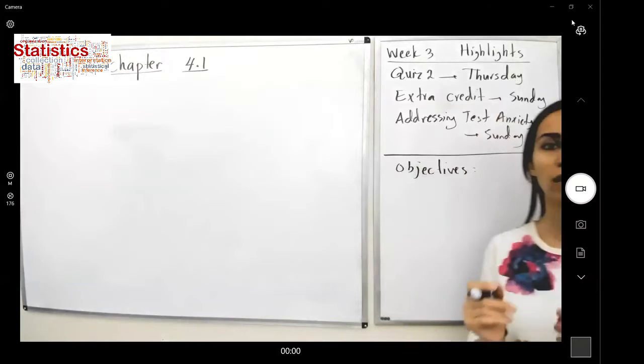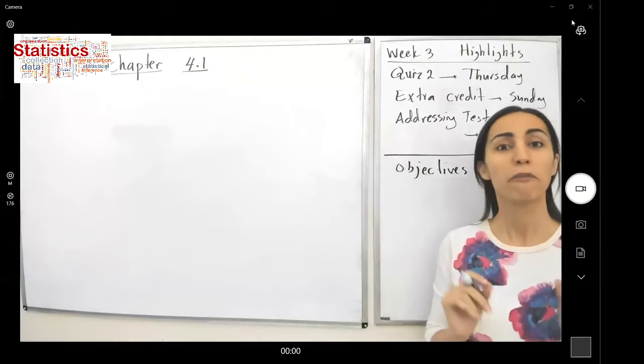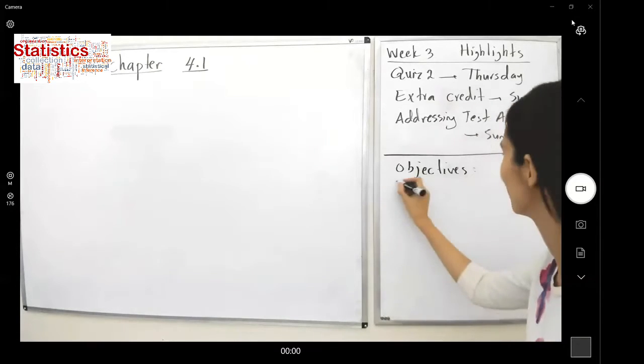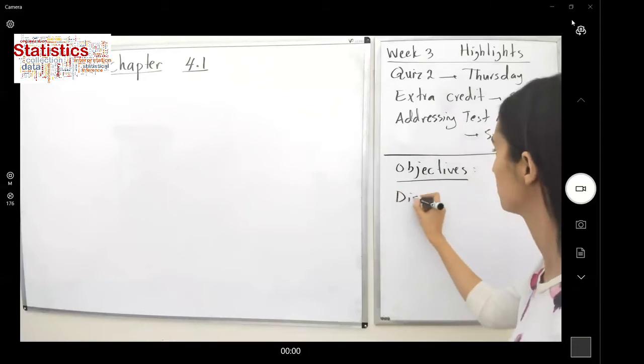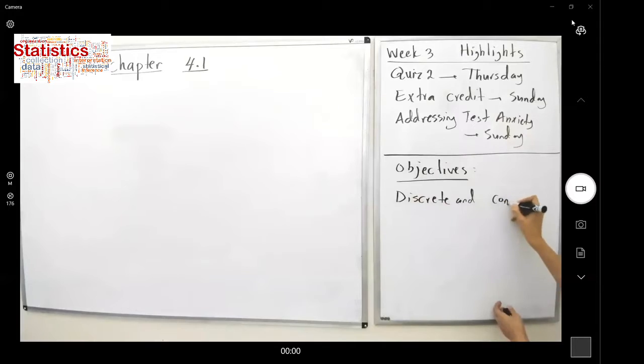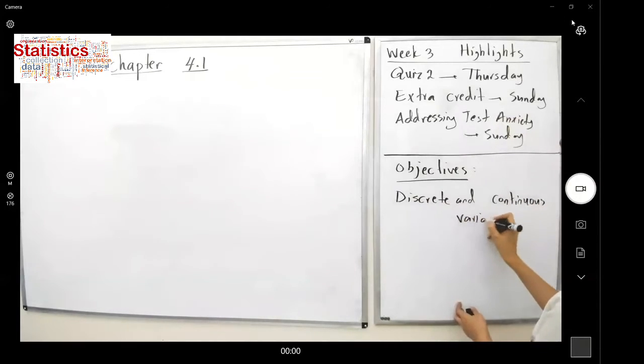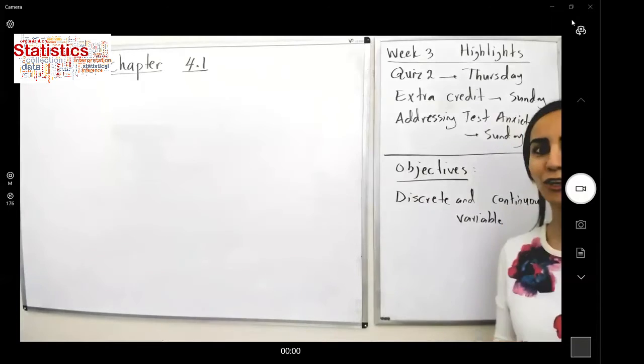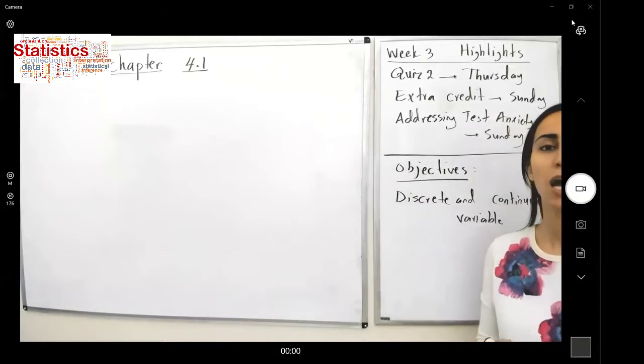we're going to learn about different variables, discrete and continuous variables. We're also going to introduce a binomial experiment.